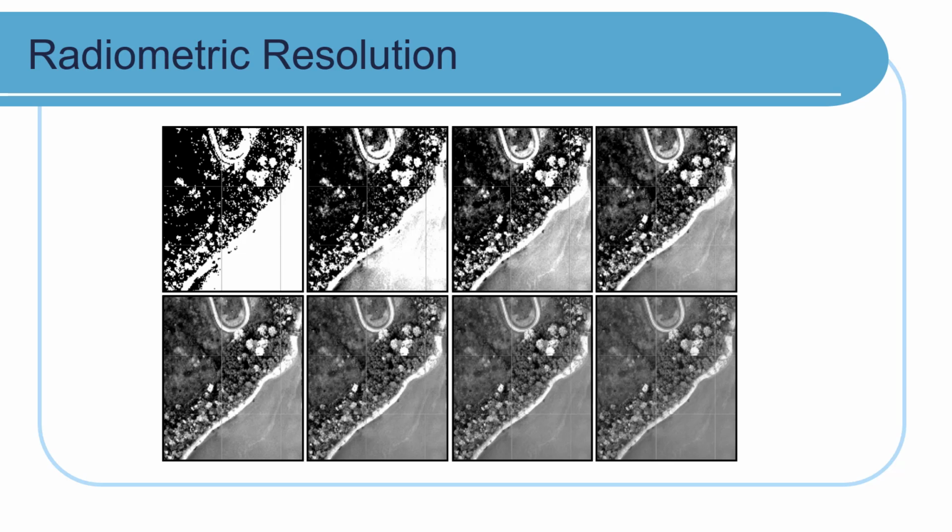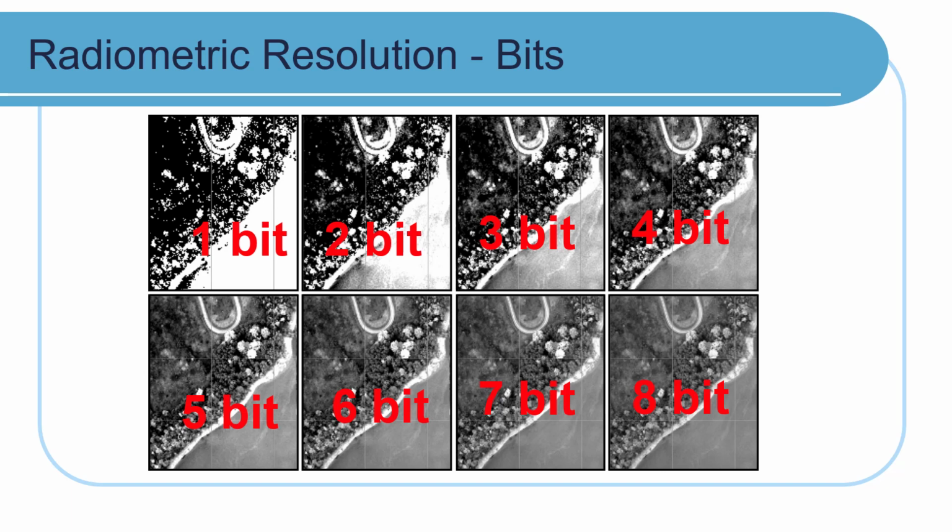Here is a comparison of radiometric resolution laid out side by side. When we look at 1-bit to 8-bit, with 1 bit it's only 2 options, black or white. And you can see an increasing level of gradations of gray as we go from 1-bit to 8-bit. As we increase our radiometric resolution, we can pick out finer and finer details.